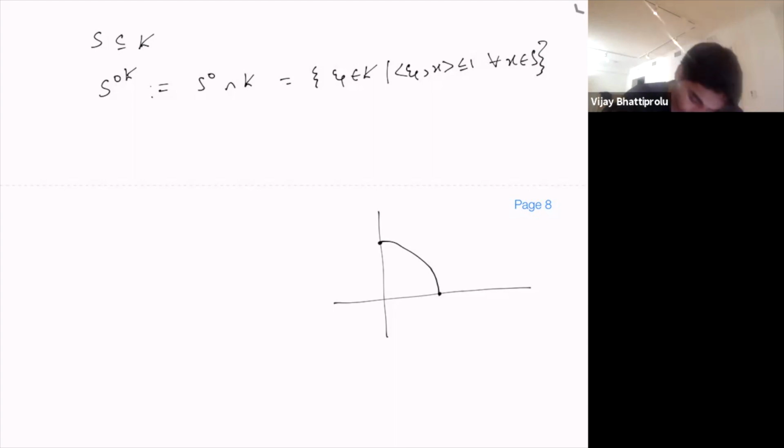On the other hand, if I have this quadrant of the L1 unit ball, its polar is going to be the top guy. So if this is S, then this is S polar.